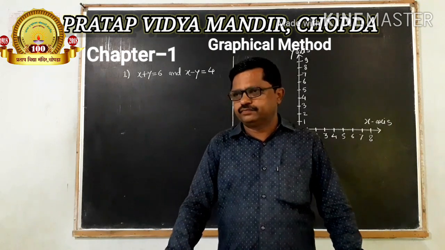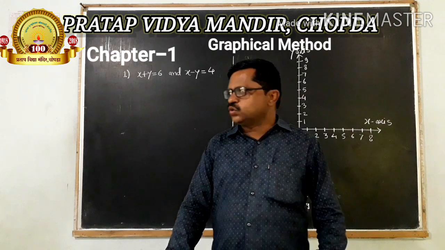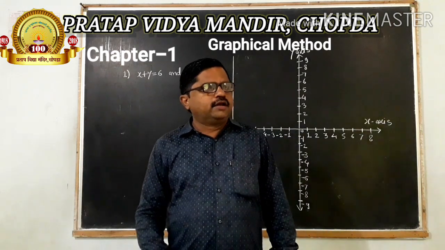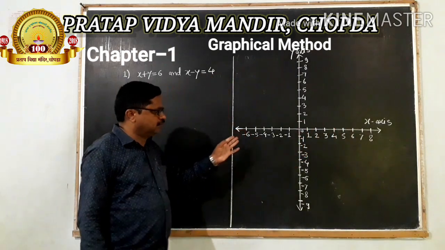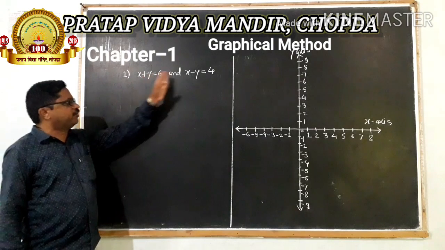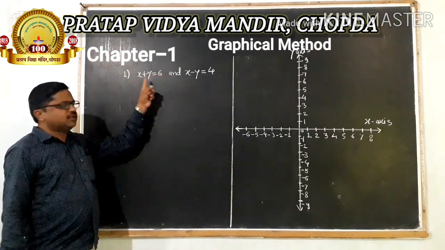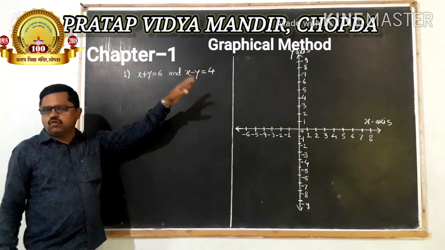Dear students, now we are going to see how to solve linear equations by using the graphical method. Two simple linear equations in two variables are x plus y equal to 6 and x minus y equal to 4.